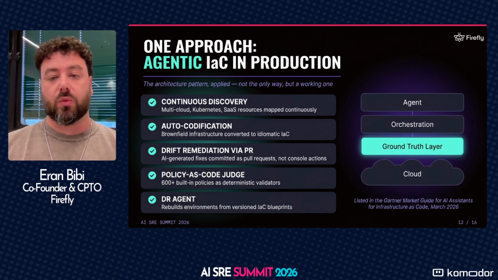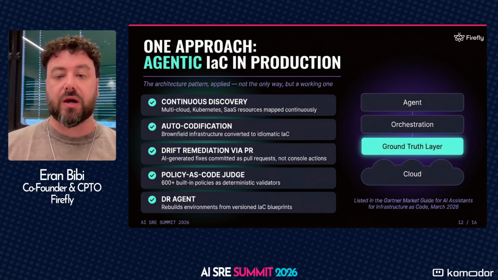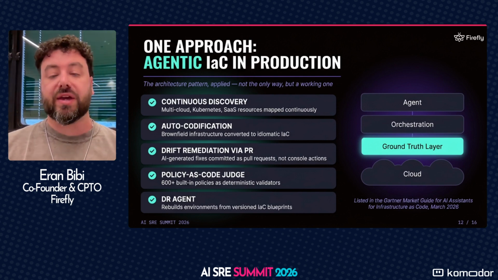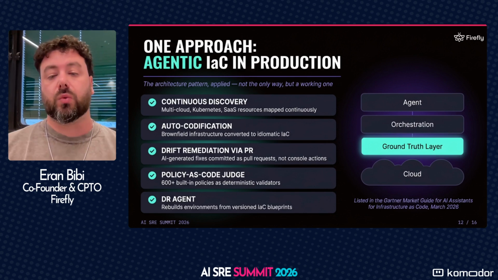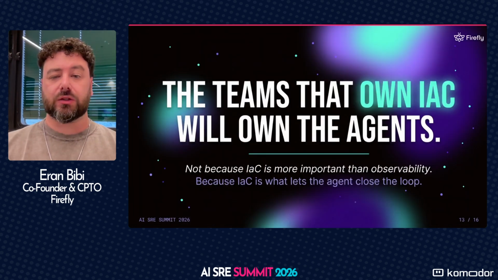It is to have a working layer of IaC, a ground truth layer that is understanding your cloud, making sure there is no drift, because drift is the exact anti-pattern we are looking for, and making sure that you have a deterministic pipeline with guardrails, so that even if the agent is hallucinating, there is a safeguard to make sure that all of the changes that are proposed are safe and compliant with the company policy.